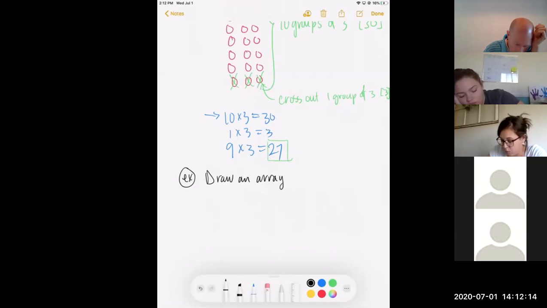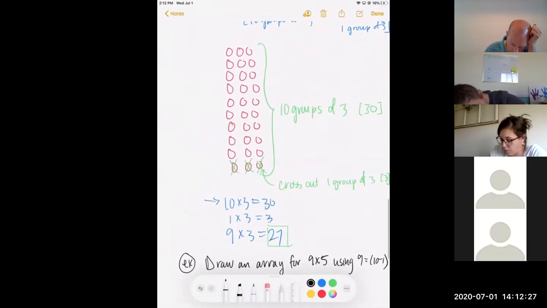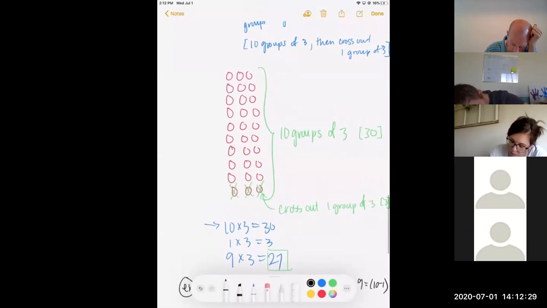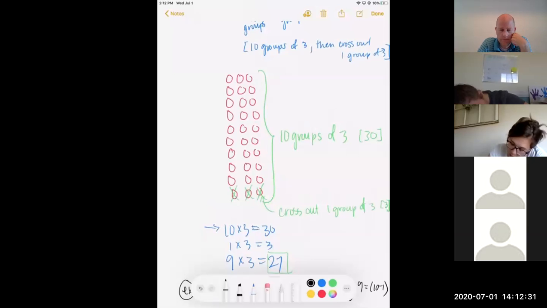I'm going to draw an array for 9 times 5 using the fact that 9 is equal to 10 minus 1. You're going to draw the array, and you're going to calculate the answer. And so that's like the previous example.